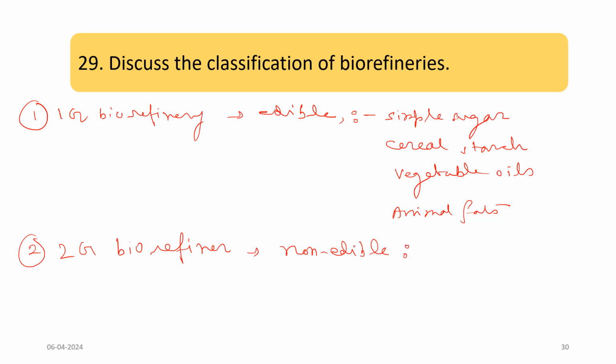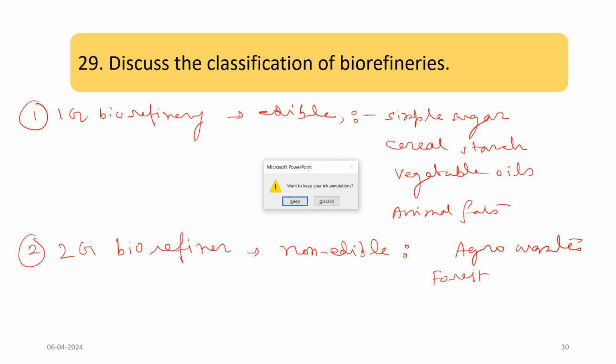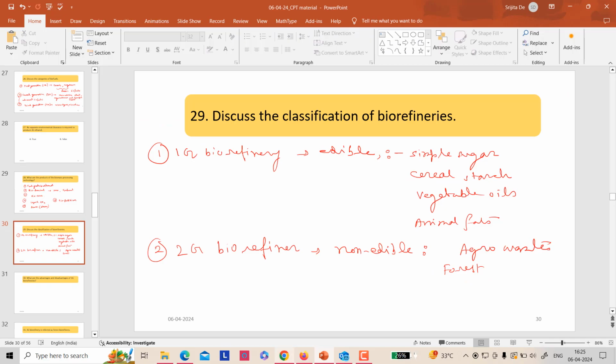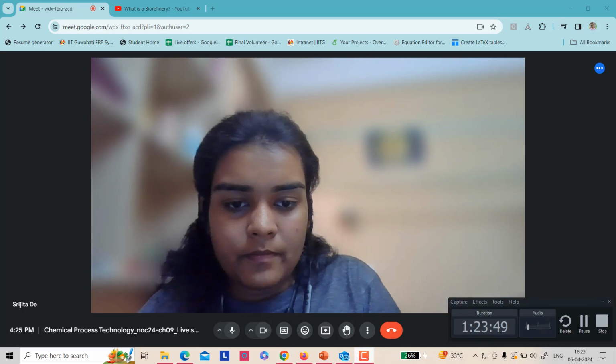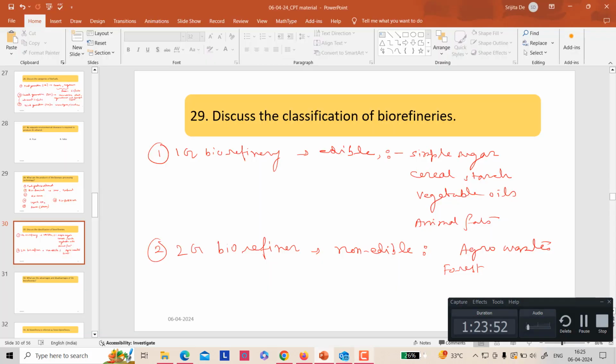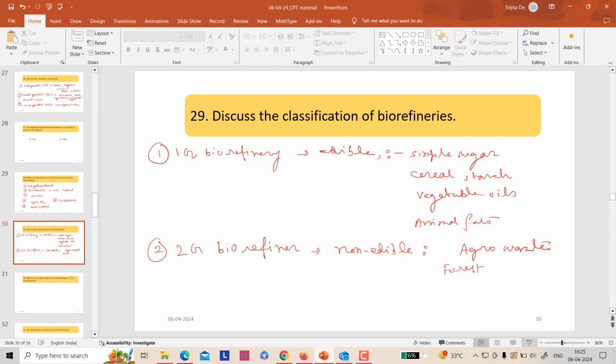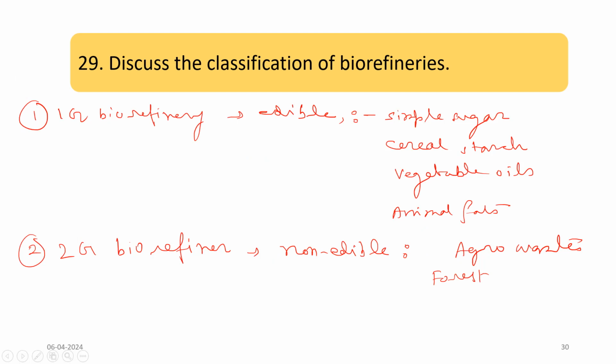Includes agro waste, that means agricultural wastes, forestry waste, then energy crops, then comes the municipal solid waste.